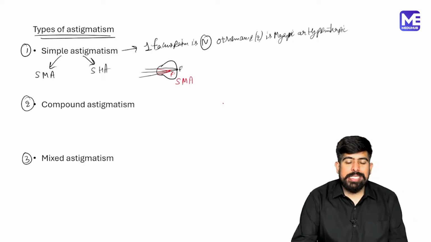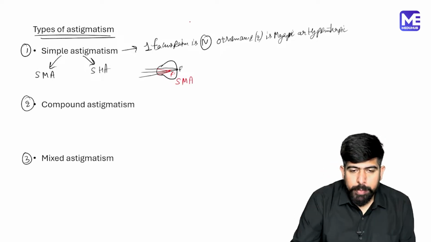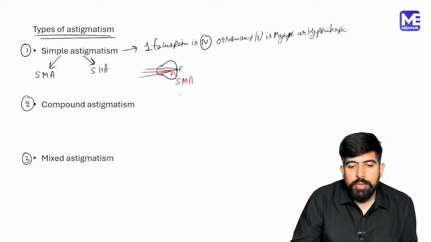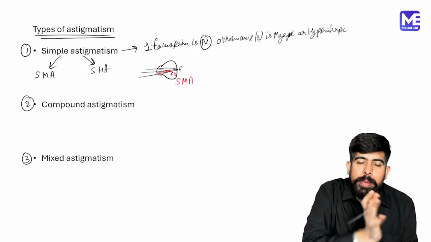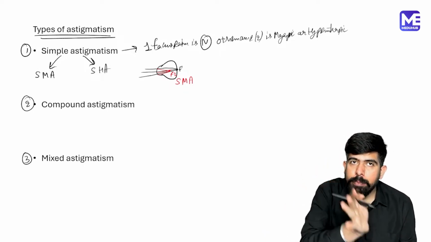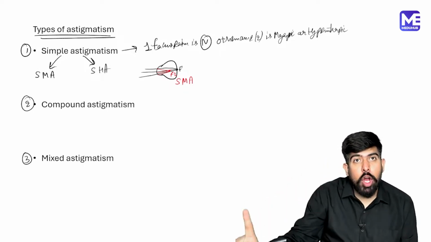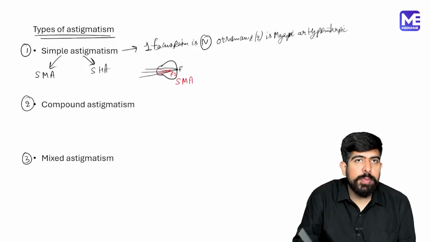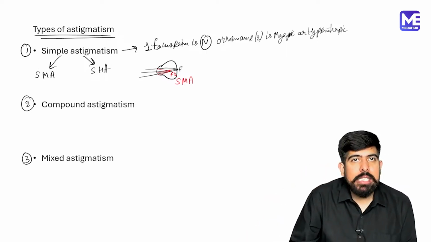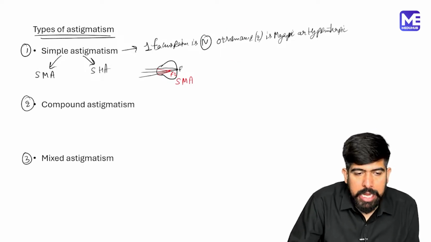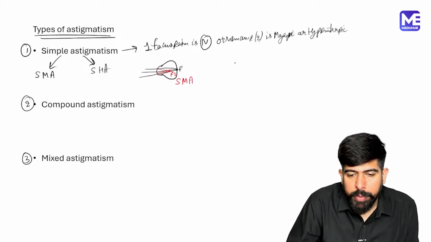Why simple myopic astigmatism? One focus is normal. You can see here F1 is normal, and this F2 which I drew here is in myopia. So that's why this is simple myopic astigmatism. Simple means one is normal, myopic means one is myopic, and this has two focus points, so this is known as astigmatism. It can happen like that, and it can be seen in hypermetropia also.